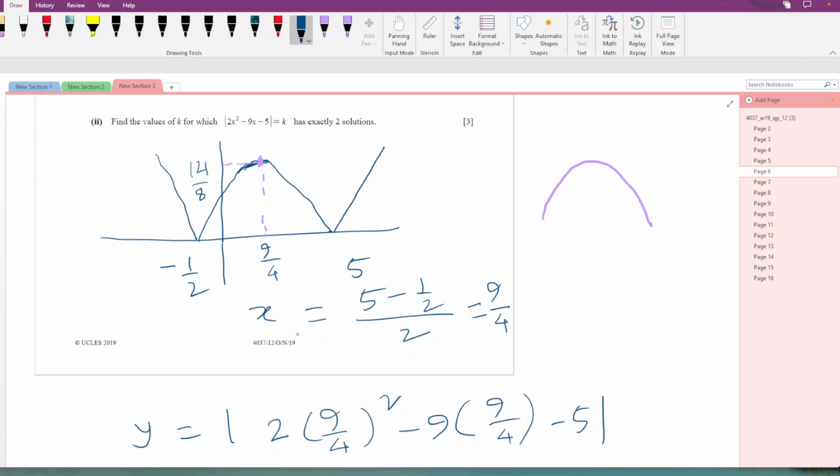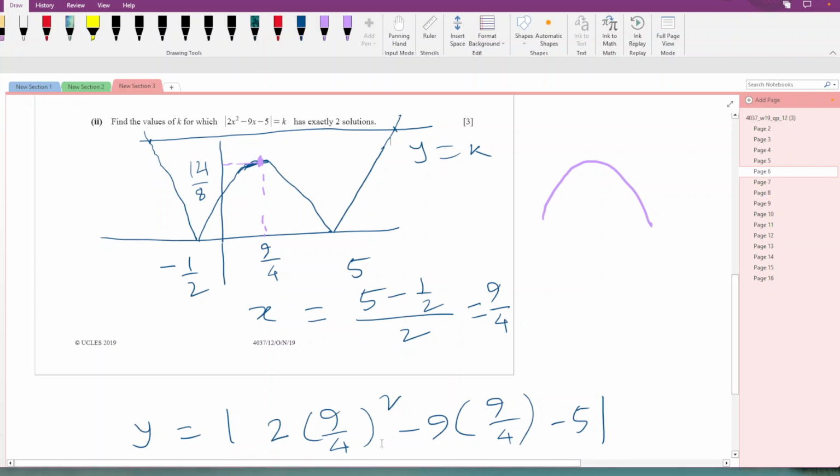Now if I draw a horizontal line y equals k, it exactly cuts the curve at two distinct points when it is above this stationary point.